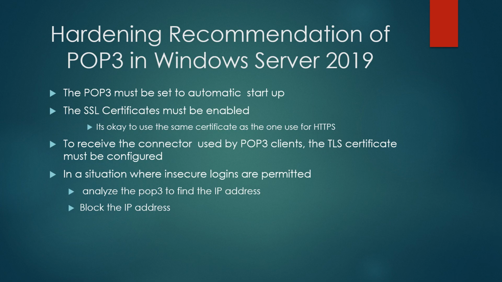Then the next thing you do is, in a situation where insecure logins are permitted, always analyze the IP address that is causing the traffic or the discrepancy. Then you block them, like those spam emails. You look for the email, then you can block the spam mails so that you will not be getting them as frequently as you are getting them.